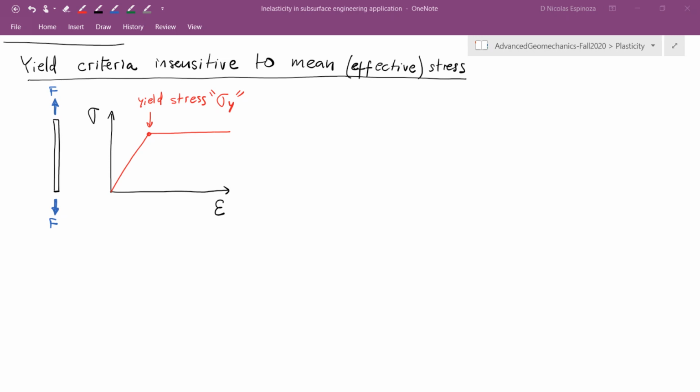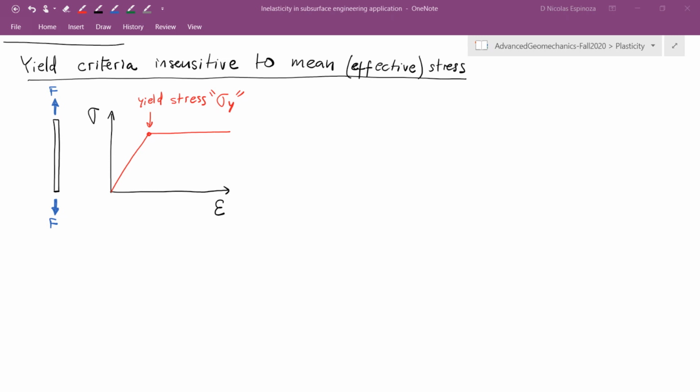This is a test that is usually done for testing the tensile strength and the yield stress of steel. So let's imagine that this is a bar of steel, we can pull with the stress sigma, and the maximum stress that the bar can take is going to be called the yield stress.